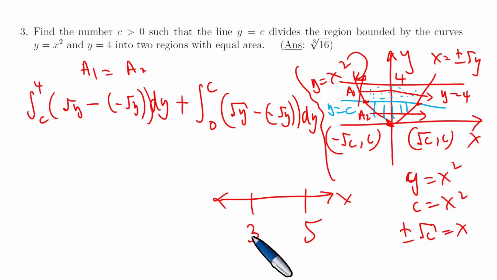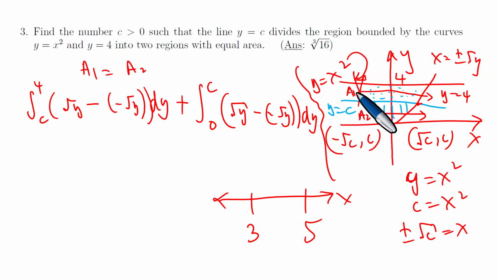What can we do to find the distance between 3 and 5 on the real number line? We say 5 minus 3, right minus left, which is 2, and 2 becomes the distance between the two numbers. It is the same because these are numbers on the real line. Here we have the positive square root, and then the negative square root.